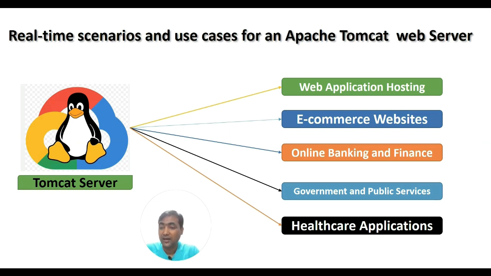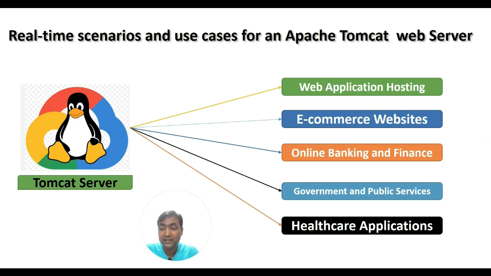Tomcat is primarily designed for hosting Java web applications, including those built with Java servlets. Here you can see web application hosting, e-commerce websites, online banking and finance, and more.